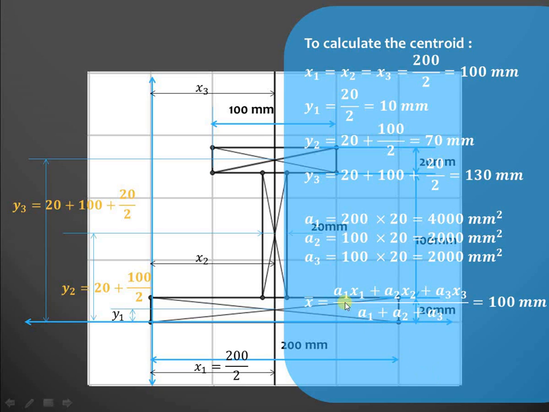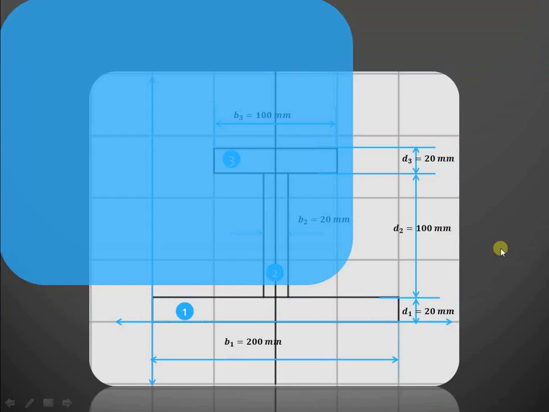So x bar will be equal to a1 x1 plus a2 x2 plus a3 x3 divided by a1 plus a2 plus a3. Just substitute all these values and you will get the required answer. Similarly for y bar, it is a1 y1 plus a2 y2 plus a3 y3 divided by a1 plus a2 plus a3, and you will get the value of y bar.